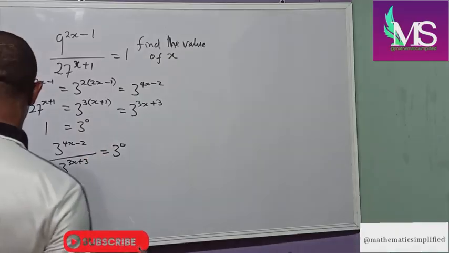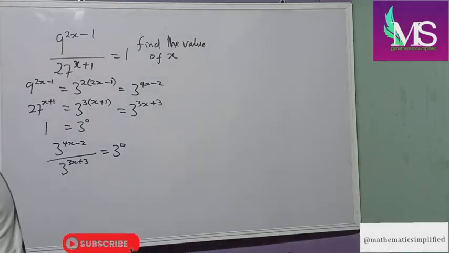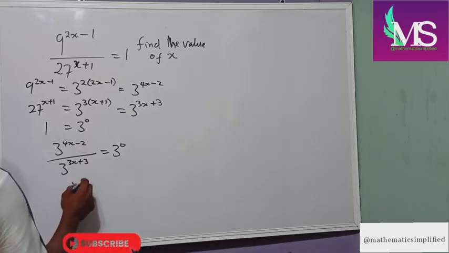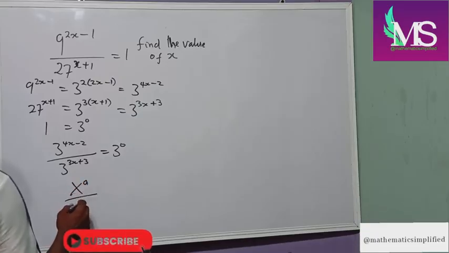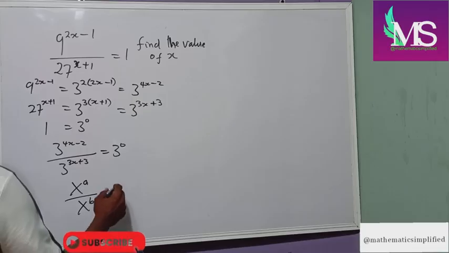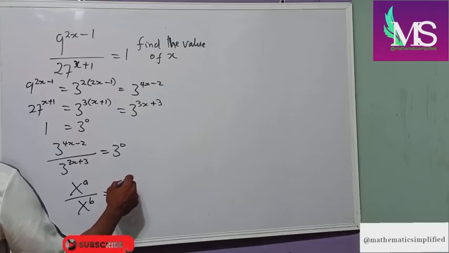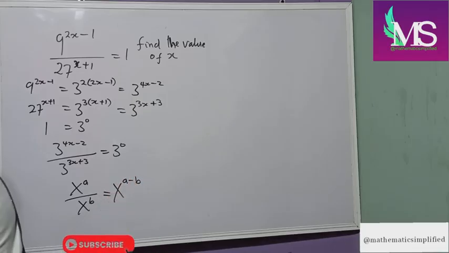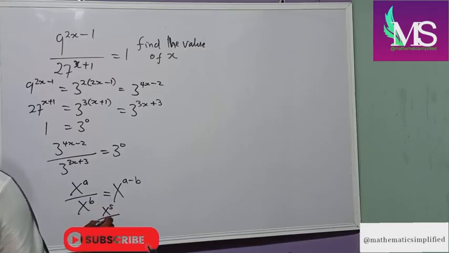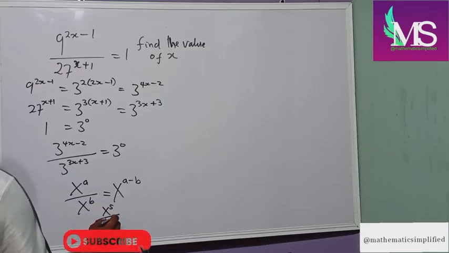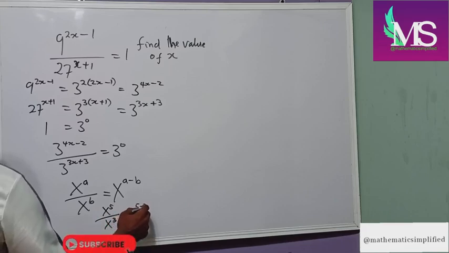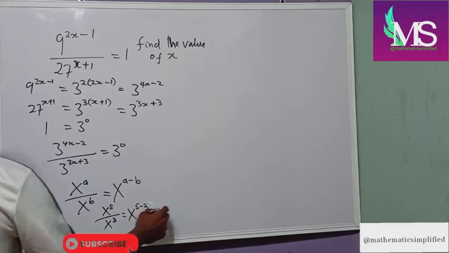But now we know in laws of indices that when we have x^a over x^b, we can rewrite it as x raised to the power a minus b. Example, if we have x raised to the power 5 all over x raised to the power 3, this will become x raised to the power 5 minus 3, which will give us x raised to the power 2.